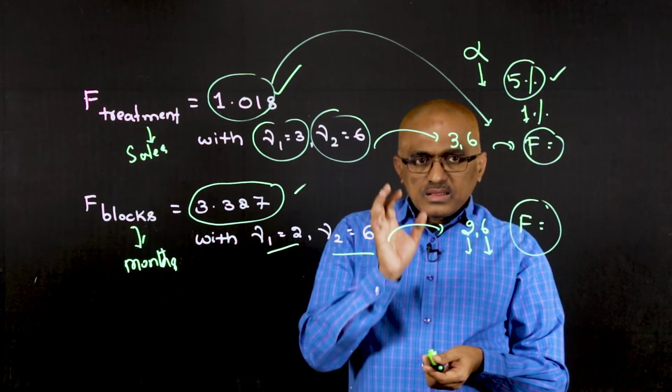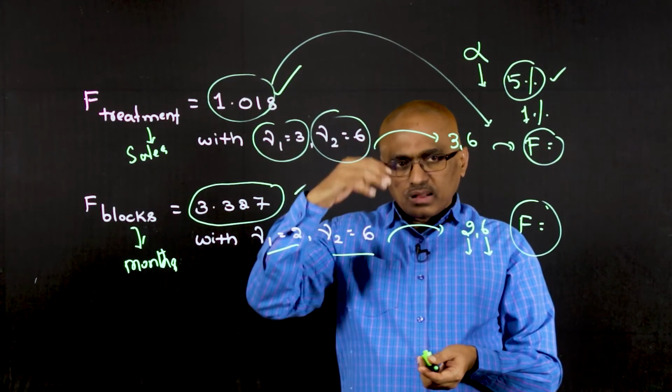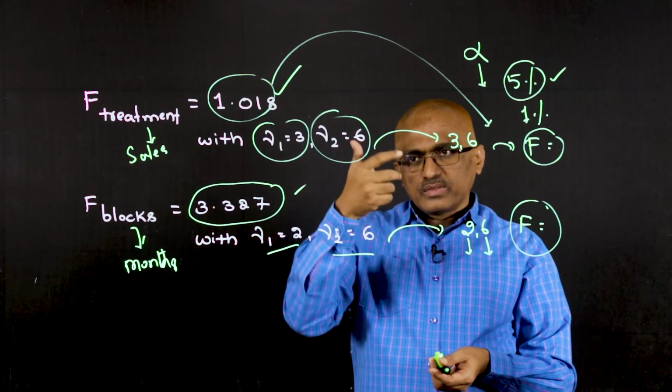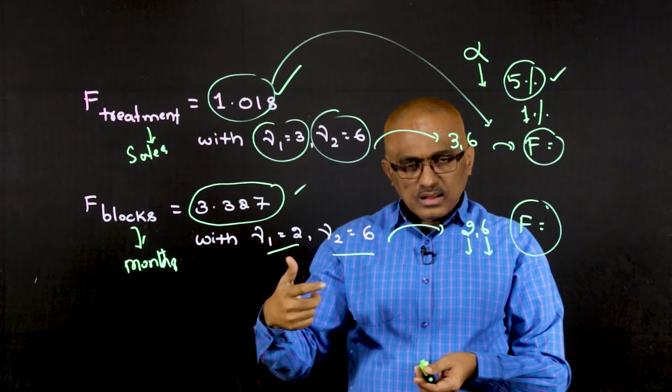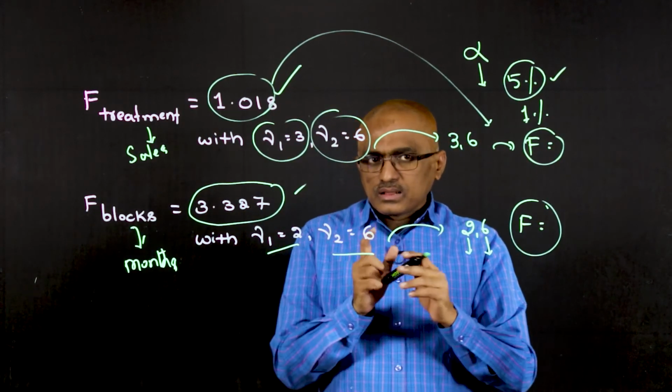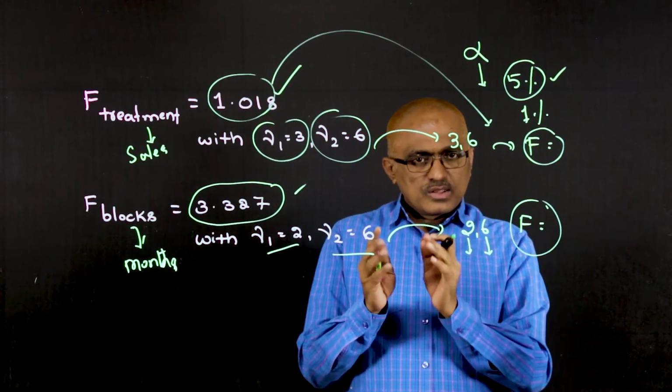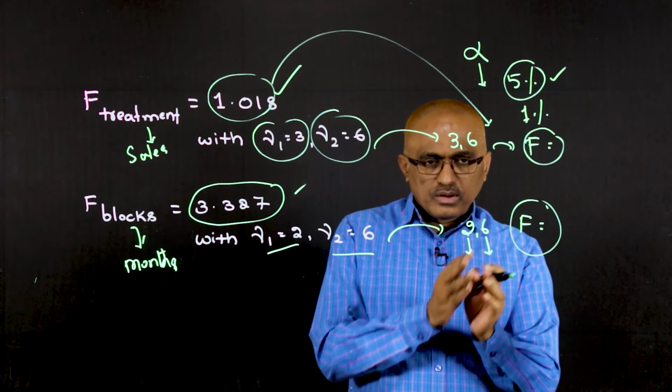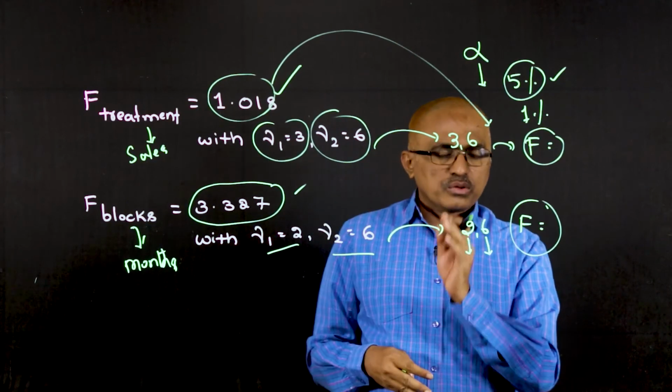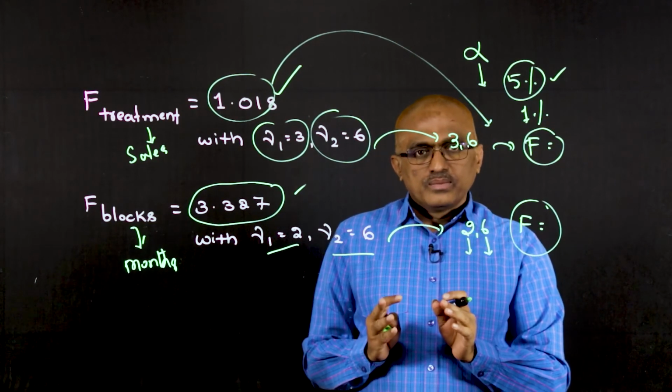So like this, by using two-way ANOVA, we can test the significance with respect to the rows as well as columns. Try to understand the difference between one-way ANOVA and two-way ANOVA, and when to go for one-way ANOVA and when to go for two-way ANOVA. Thank you.